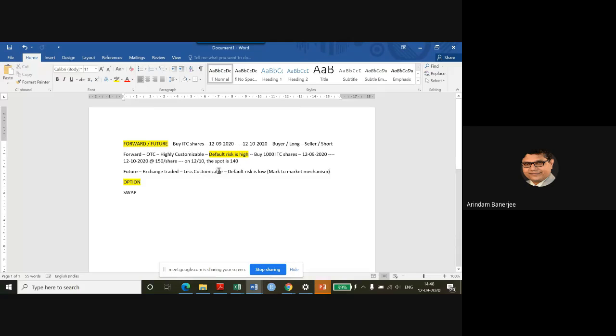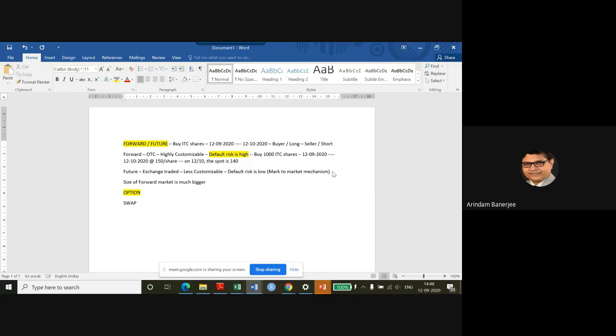It is not customizable. So because of this reason, the size of the forward market is much bigger. Specifically in commodities and currency, this kind of markets, the forward market is much more popular than the futures.